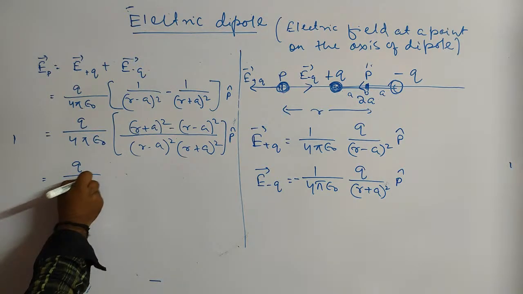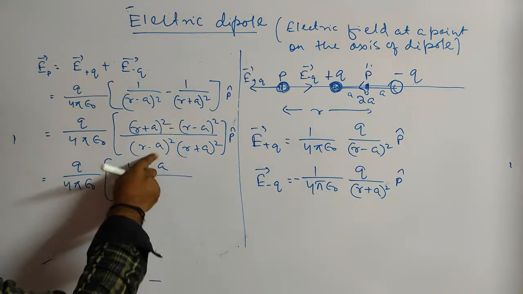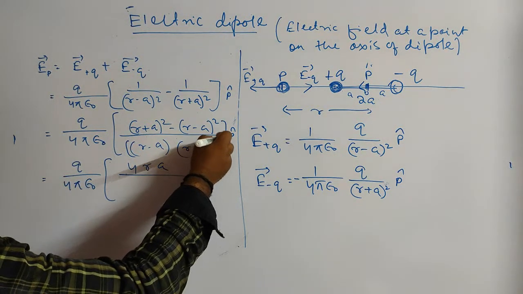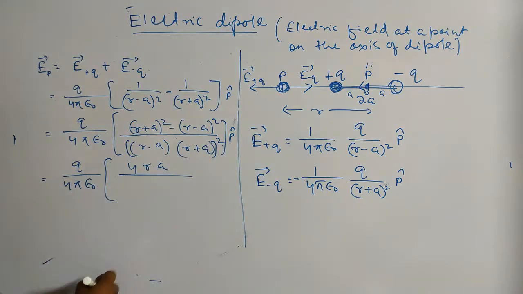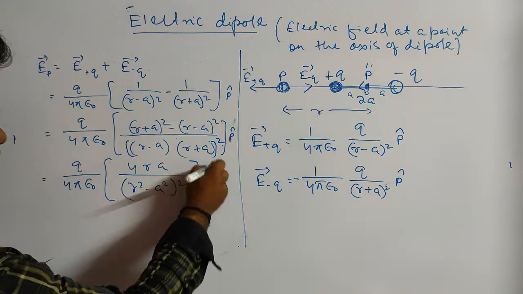So you can write that this is 4ra, and the denominator (r minus a)(r plus a) whole squared, so this will be r square minus a square whole square, p cap.